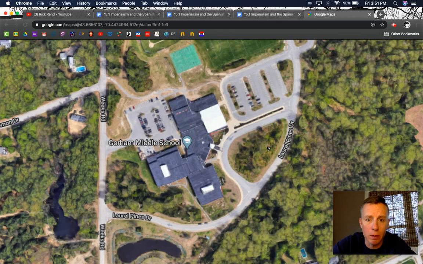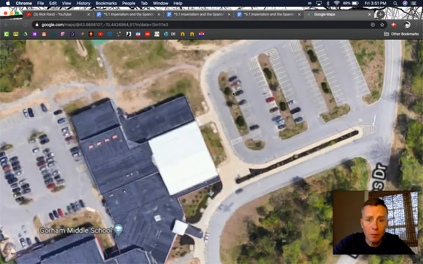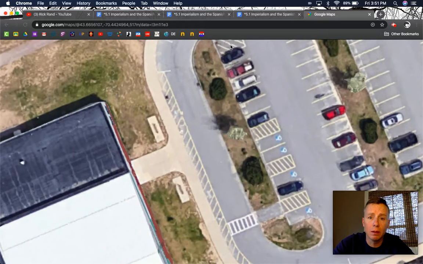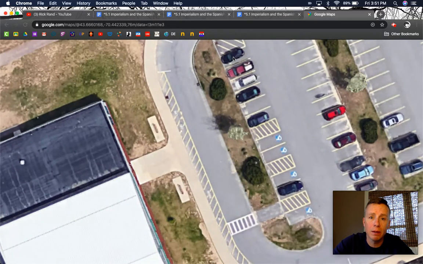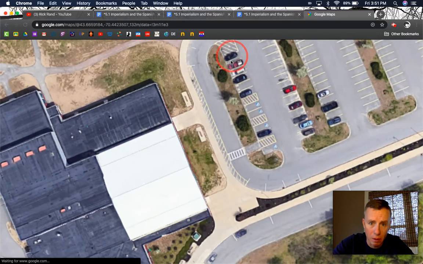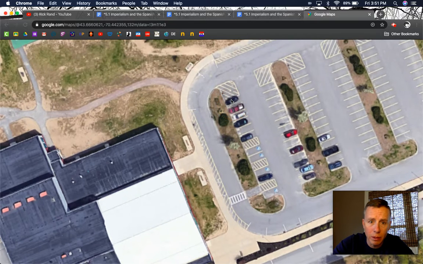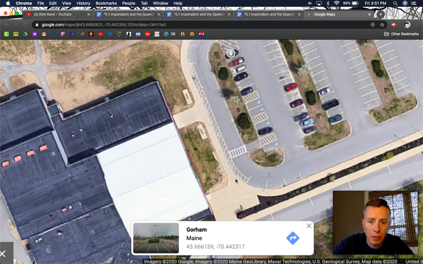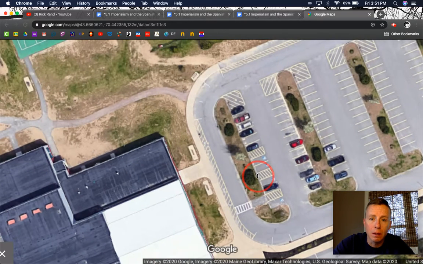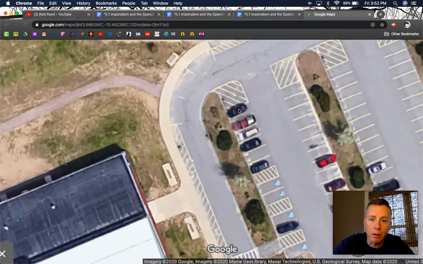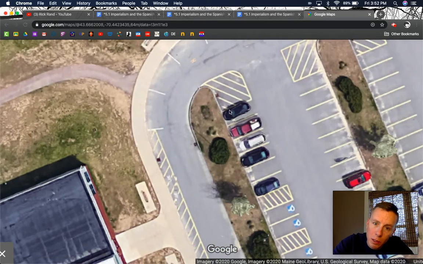Let's get started. There's Gorham Middle School. You're looking at it. And if we zoom in, see that car right there? That's my car. You know how I know that? What's that red thing? Look at that. What was that? All right, let's get out of that. I just know that that's my car. That's pretty wild. I can tell because you see how far over in the lane in the spot I'm parked, just so the car next to it.